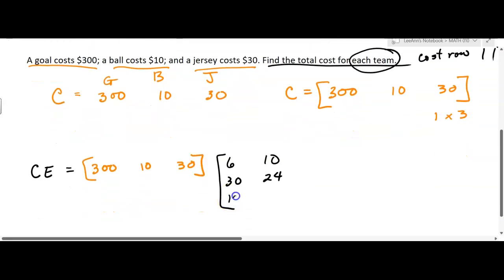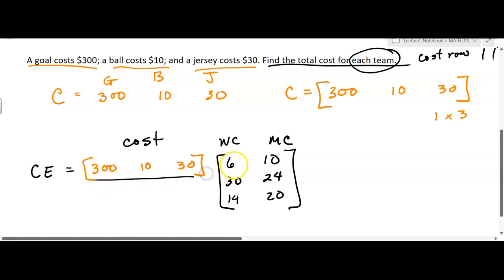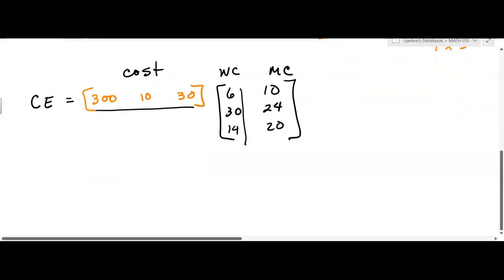Okay. So what we're going to wind up doing is multiplying the cost by each team. This was the Wildcats, this was the Mudcats. I'm going to take the cost times the Wildcats' needs and come up with a total cost.